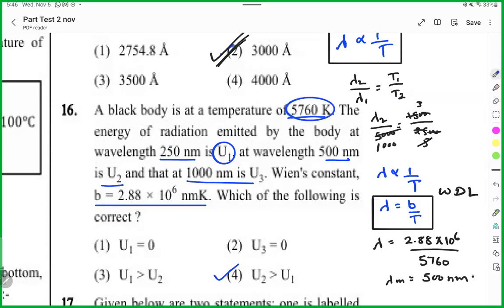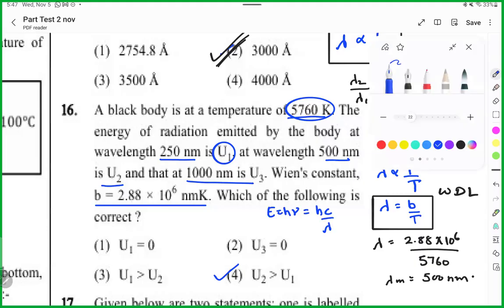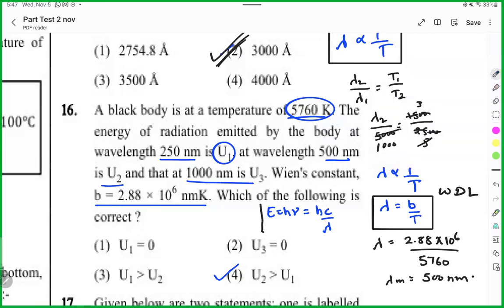Now you tell me, if you increase wavelength, what is the impact on the energy? Because you know E is equal to h nu or E is equal to hc by lambda. Anybody have doubt in this atomic structure?